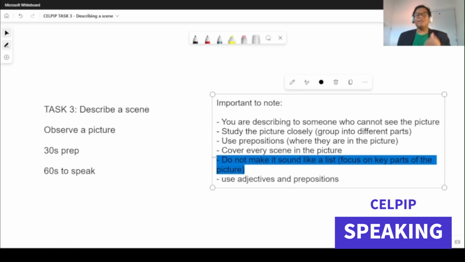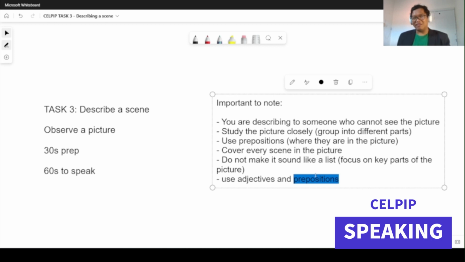And last but not least, use adjectives. I've already mentioned prepositions before, might have put that in by mistake, but the last thing is adjectives. There are going to be a lot of adjectives in your answer because that's the only way that you can detail what the objects or people in that picture look like. So if you see a person, you cannot simply say, oh, there's a man doing this.